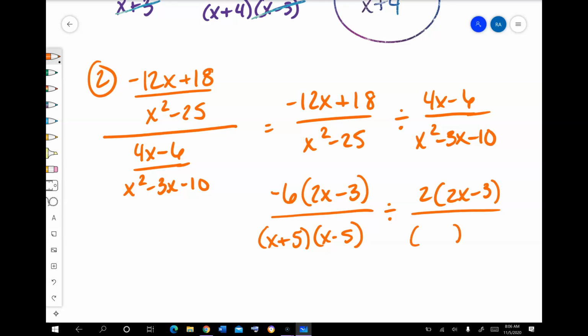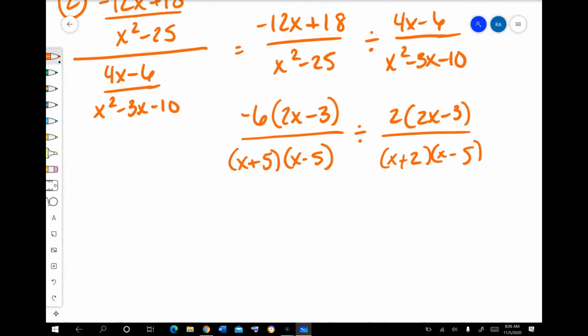The bottom is going to be what multiplies to give me negative 10 and adds to give me negative 3. Well, that's going to be 2 and 5. Yep, 2 and 5. So we're going to say (x + 2)(x − 5). All right. Now, before we do this, we've got to do the keep, change, flip.